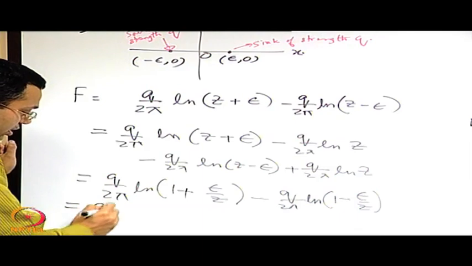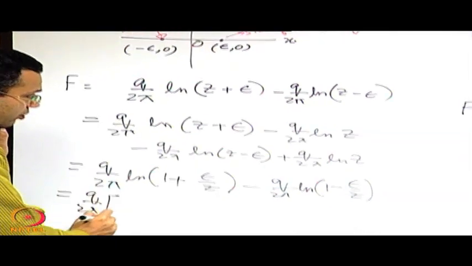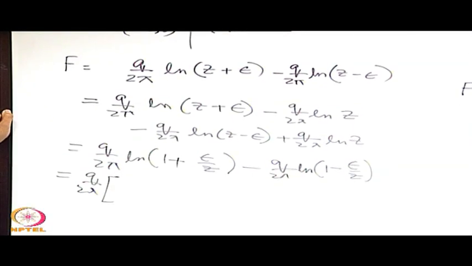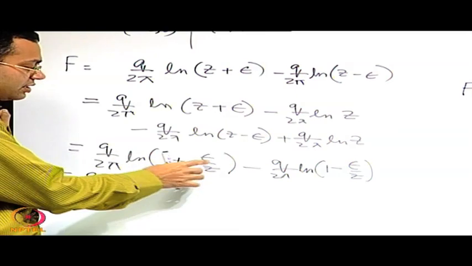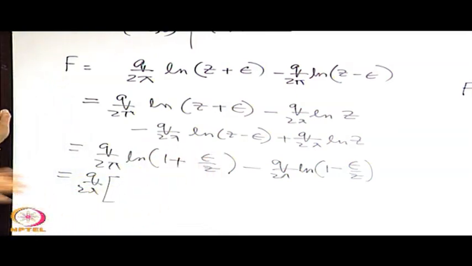So let us just try to expand this. Log 1 plus this one, we assume that epsilon by z is small. So log 1 plus x, what is the expansion?